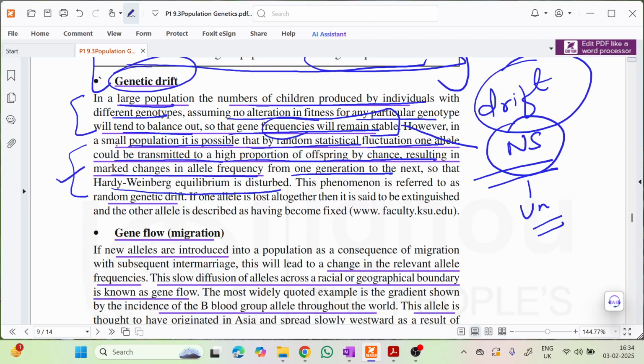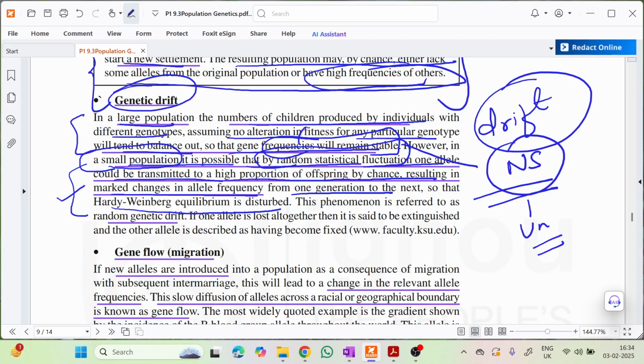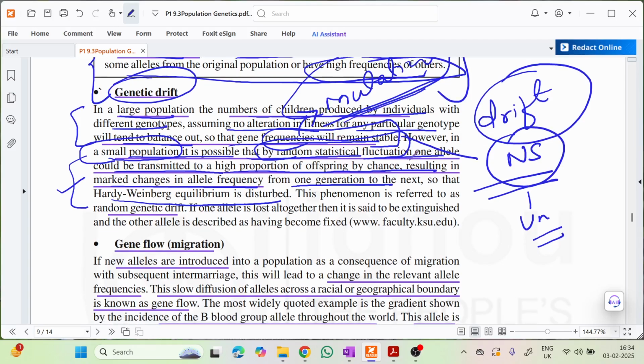The second point is, if the population size is small, then random statistical fluctuation, which can be equated with mutations, can change the allele frequency from one generation to the next, and this will disturb the Hardy-Weinberg equilibrium.